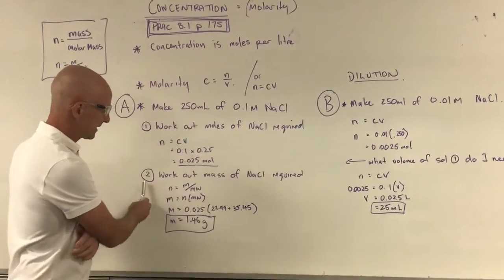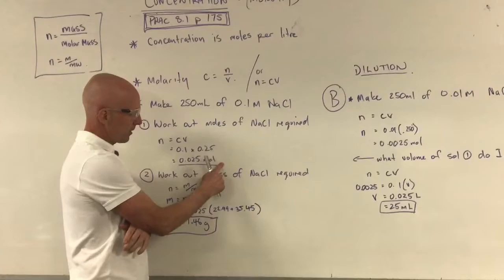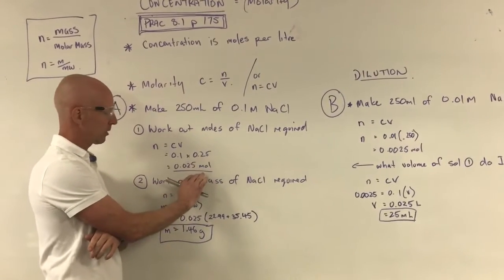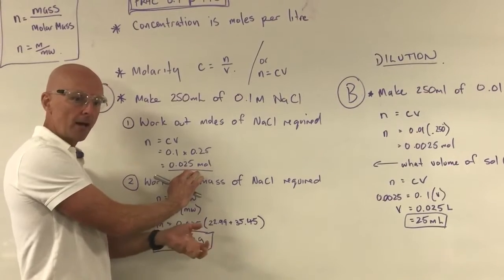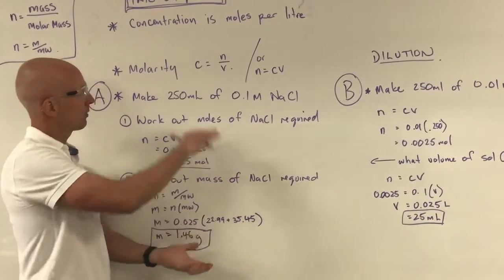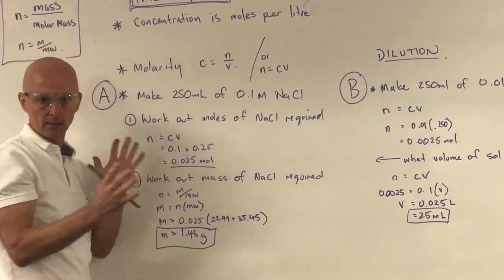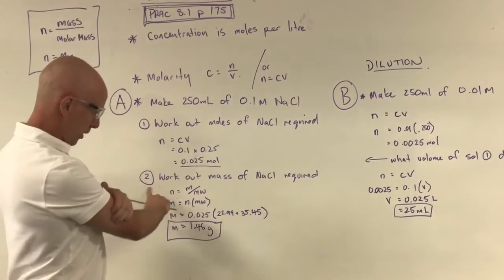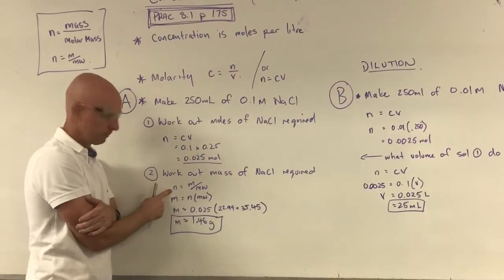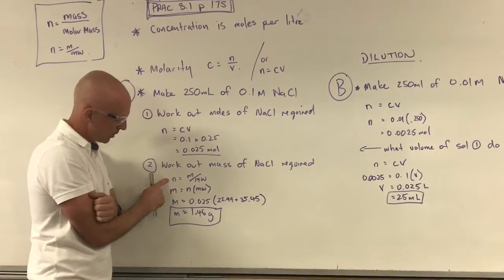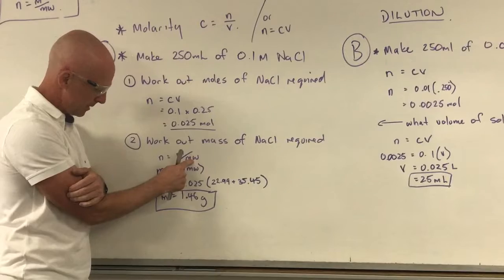Second step then is, now that we know the amount of moles of sodium chloride we need, we want to convert that into a mass in grams, weigh that out, and then add 250 mils of water to it, and that's it, simply done. So you're going to work out the mass of sodium chloride required. We go back to our time-worn equation here, number of moles is mass over molecular weight.